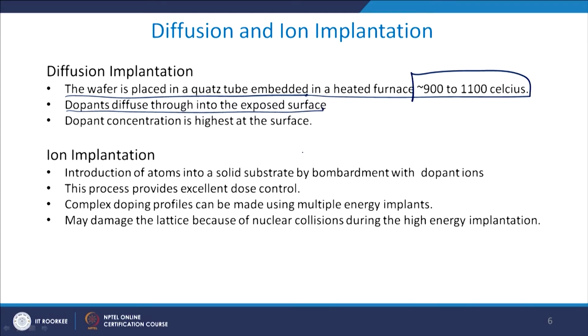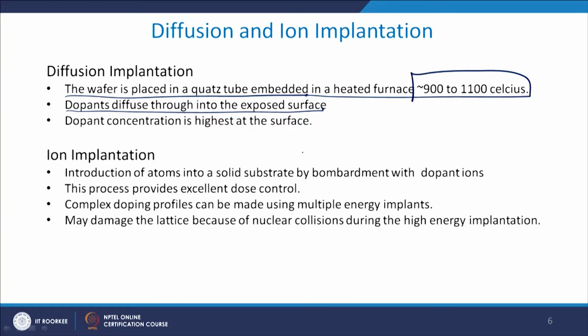Of course, the diffused dopant concentration will be highest at the surface, and as you go inside, the percentage of the dopant species starts to fall, right. This is a standard problem area which people face while doing doping: the doping is always highest on the surface and goes on reducing as you move within.